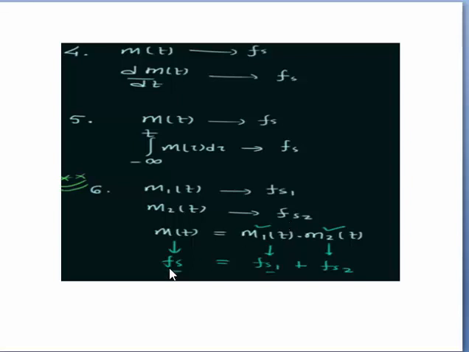We have another signal m of t, that is the product of m1 of t and m2 of t. Now if you want to calculate the Nyquist rate of m of t, which is Fs, the Nyquist rate of the product of these two signals is equal to Fs1 plus Fs2. That means when two signals are multiplied, their Nyquist rates are added up. And this is all about the properties of Nyquist rate.